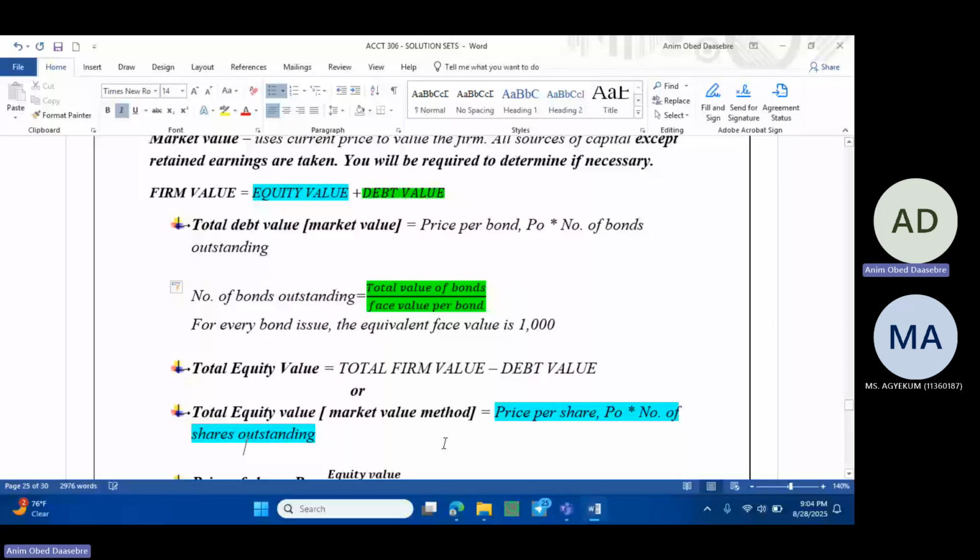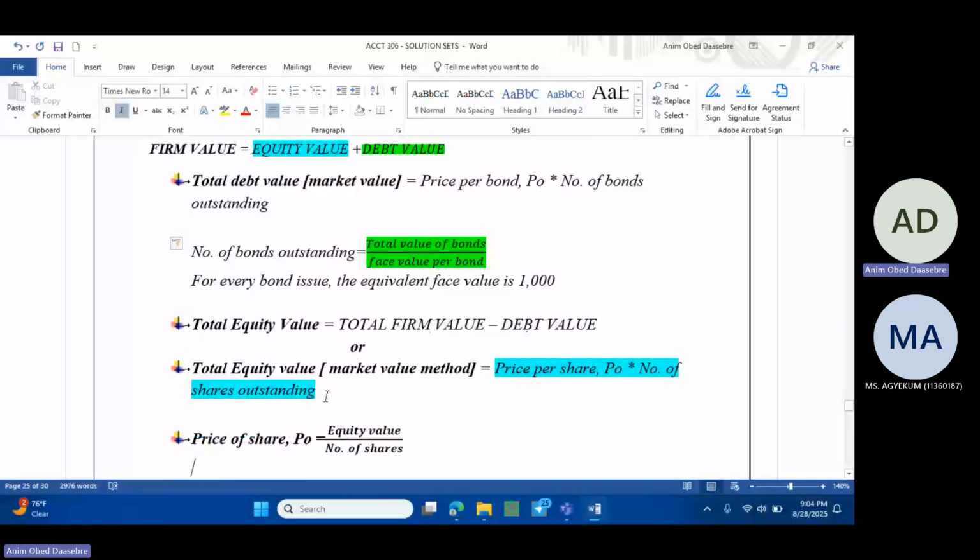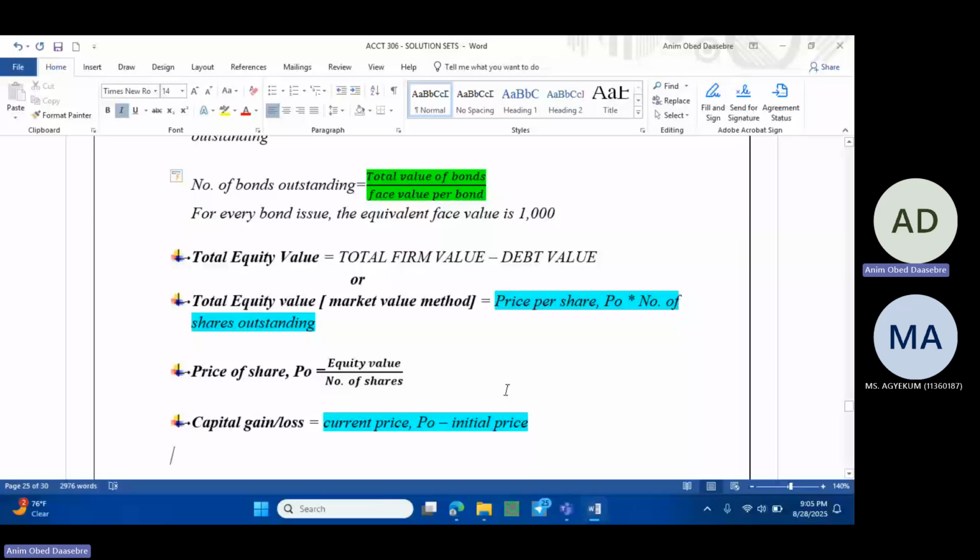So always, to find the total value of each of the sources, it is the price per share times the number of shares outstanding. If it is bond, number of bonds outstanding, right?